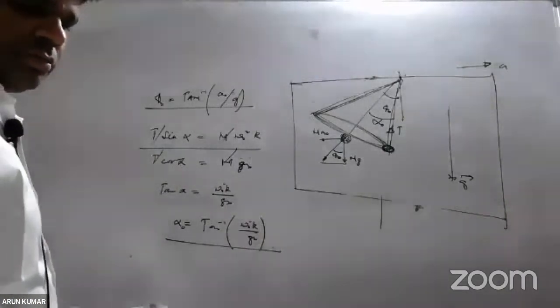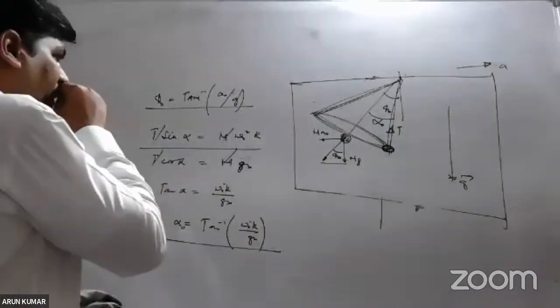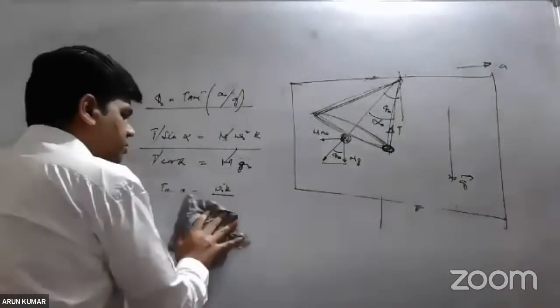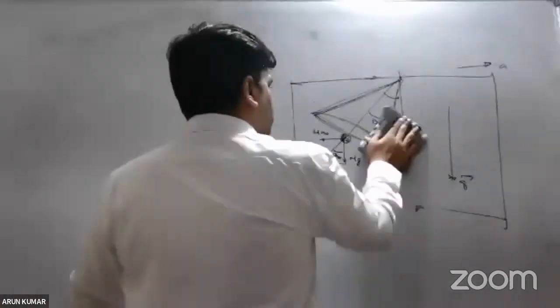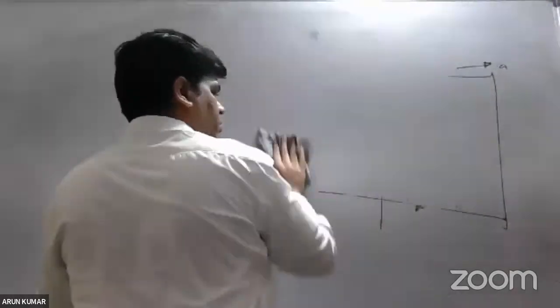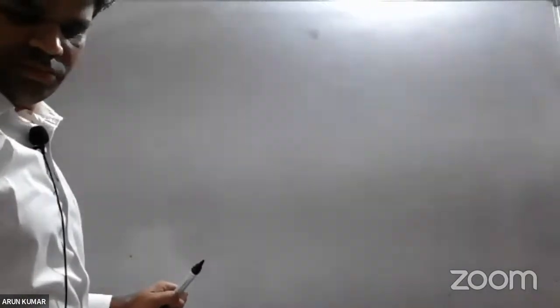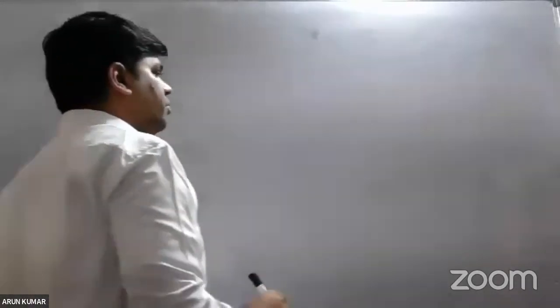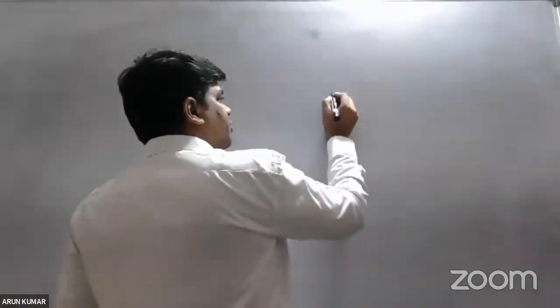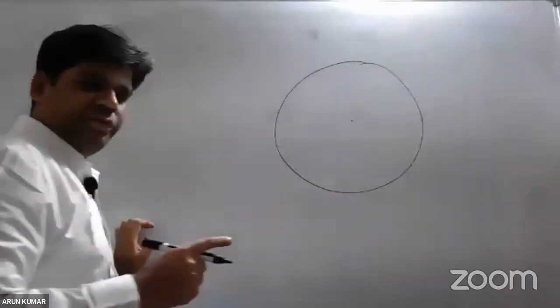Now let us understand. Look, students. If a particle is going in a circle with respect to ground, whenever I draw an FBD, I should think of a reference frame first.